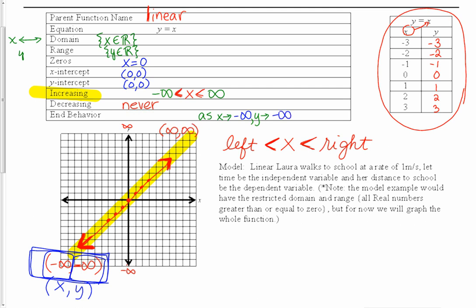Y approaches negative infinity. Then we'll go to our second coordinate. And again, I'm going to say as x does something, what does y do? Well, let's look at those values. My x value in my pair was a positive infinity, and my y value in my pair was a positive infinity. So both of these are the two ends of my line. Those are the end behaviors.